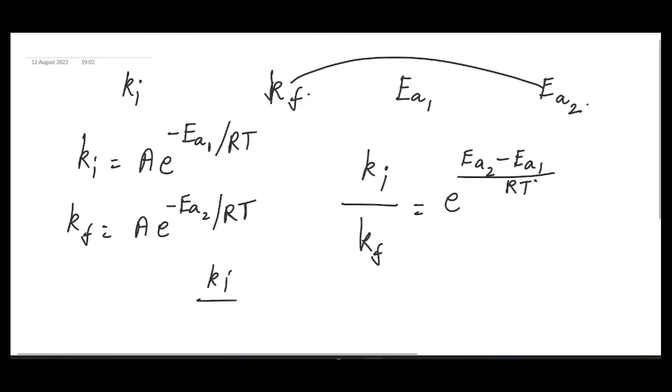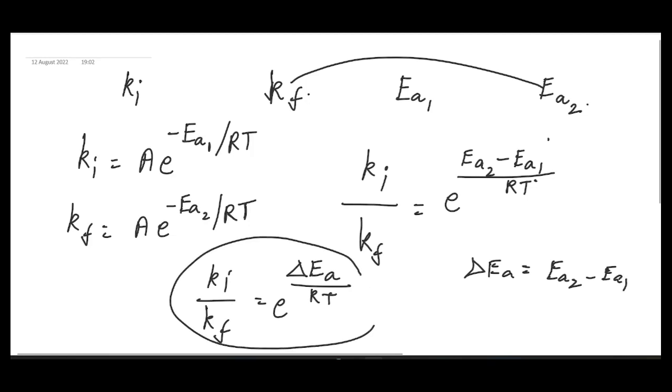So Ki by Kf is nothing but e power the change in the activation energy, ΔEA, whole divided by RT. Change in activation energy is nothing but the final activation energy minus the initial activation energy. So this is the final equation. This corresponds to the addition of the catalyst in a chemical reaction.